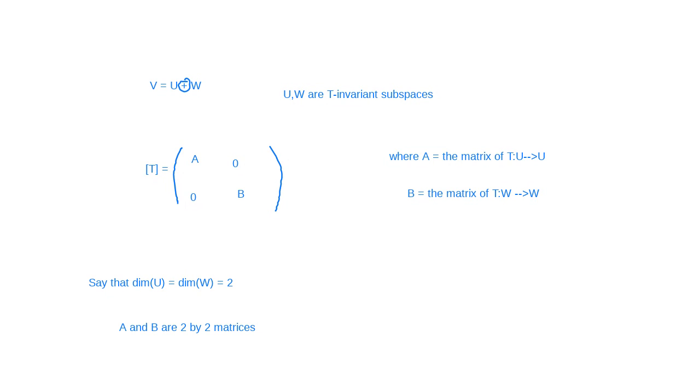As another example, if U is an eigenspace, we'll say U is the null space of A minus 2I, and W is the null space of, say, A plus I, and if V is U plus W, a direct sum, then what happens to the matrix of T?